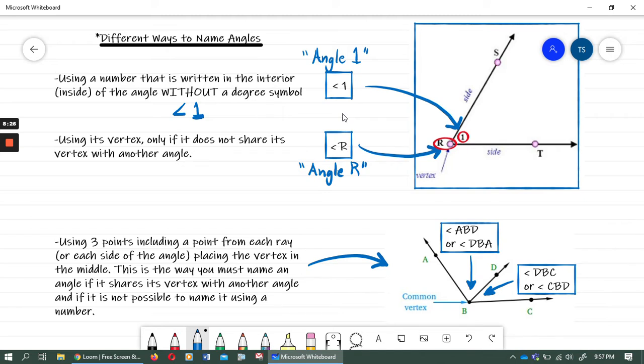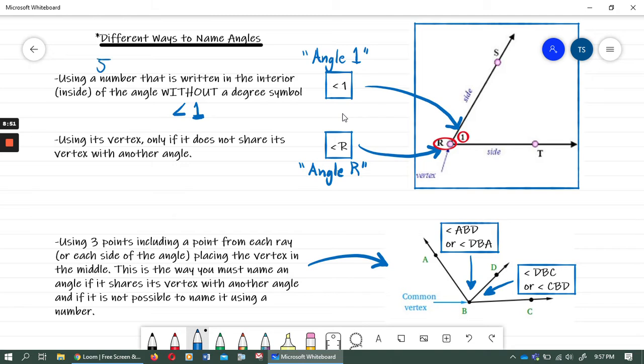But in this context, if you see a symbol that looks like that with a number written there, and we're talking about angles, then this symbol represents angle. Even though it looks like a less than sign, trust me when I tell you, it's not a less than sign.